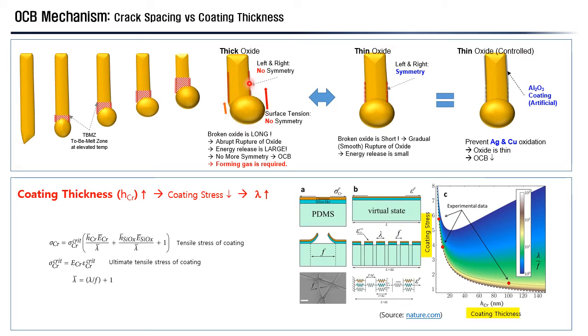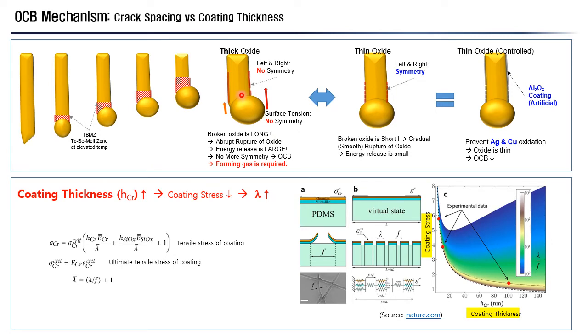But broken oxide layer on the surface of the bond wire is not symmetric, so it's going to interfere with the surface tension of the molten ball. That's going to trigger the OCB formation. This whole thing occurs over a very short period of time, so very difficult to provide like a proof of this phenomena.